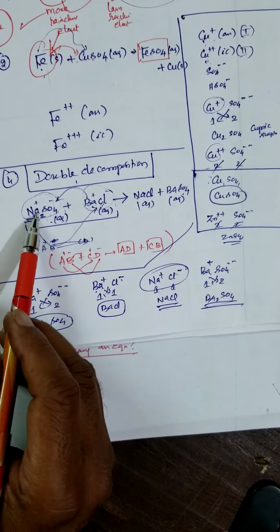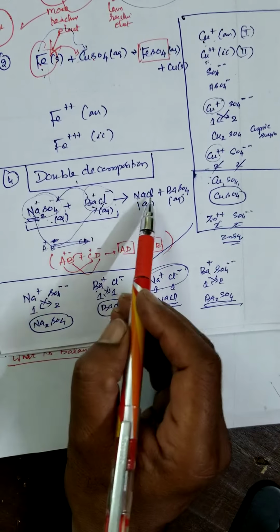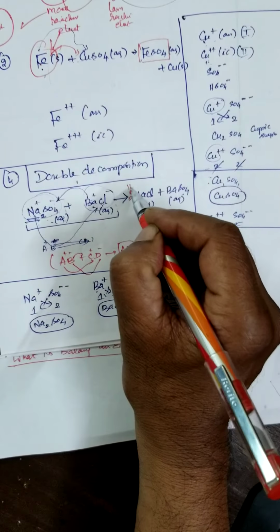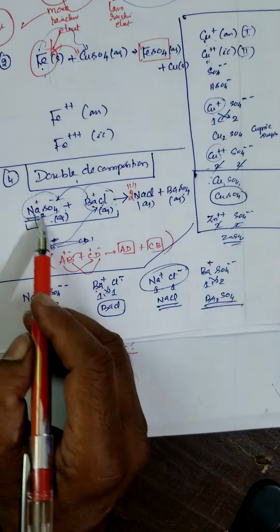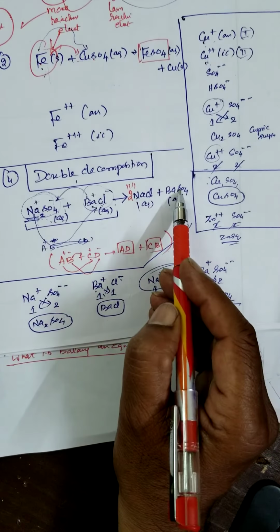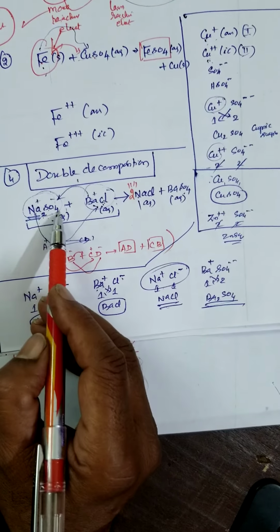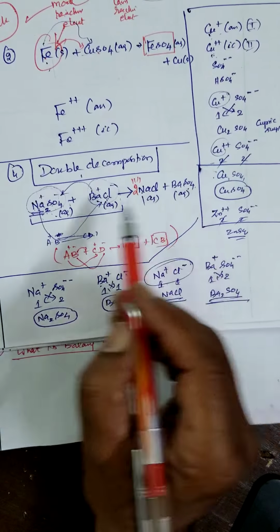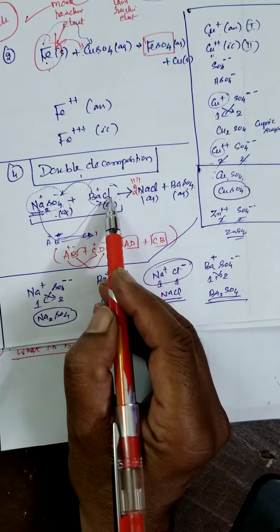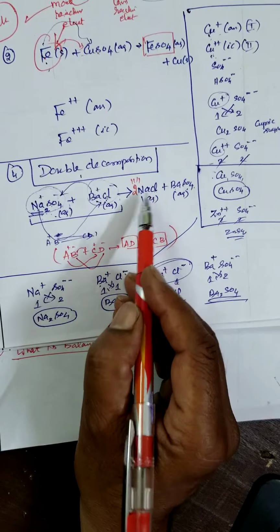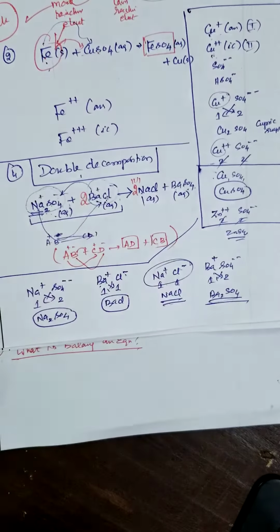Now how to balance it? Here 2 sodium, here only 1 sodium. Therefore I will write 2 here. 2 sodium, 1 sulfur, 1 sulfur. How many oxygen? 4 oxygen, here 4 oxygen. Barium 1, barium 1. Chlorine 1, here chlorine 2. Therefore you write 2 here.